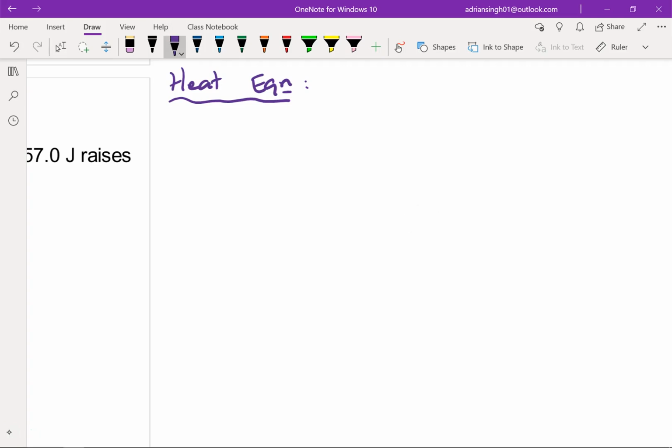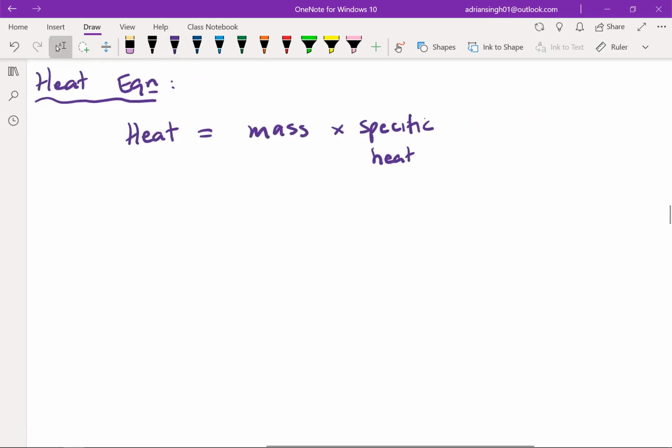So the heat equation goes like this. The amount of heat needed or produced is equal to M, which is the mass, times the specific heat, times the change in temperature.